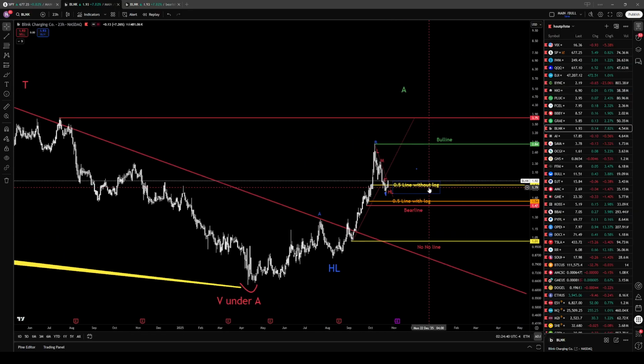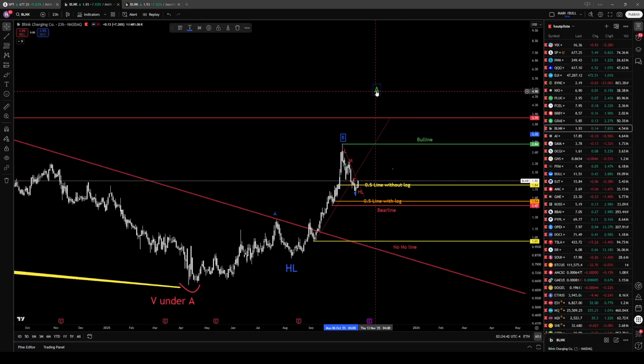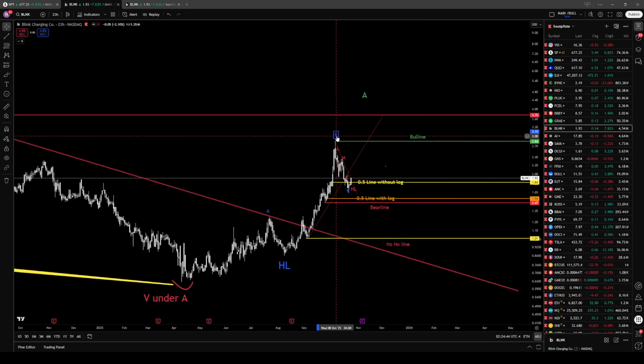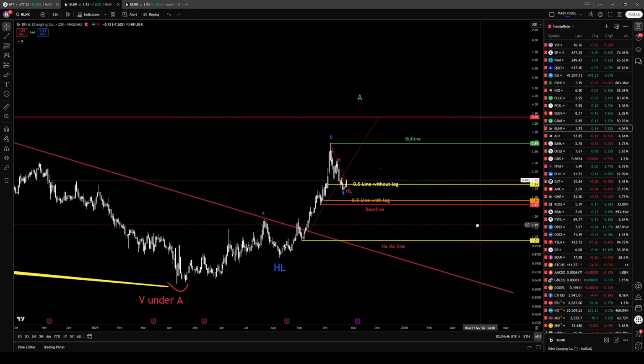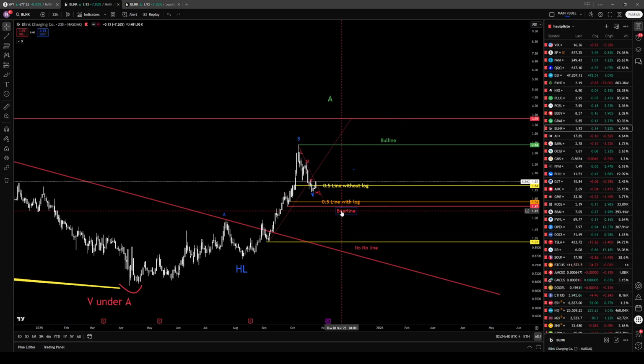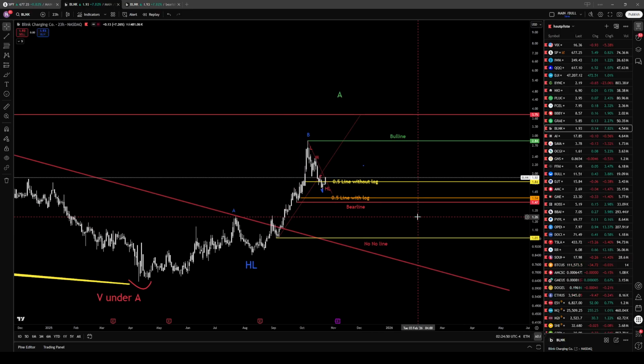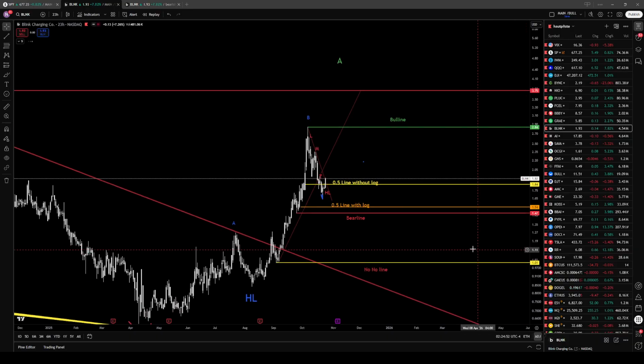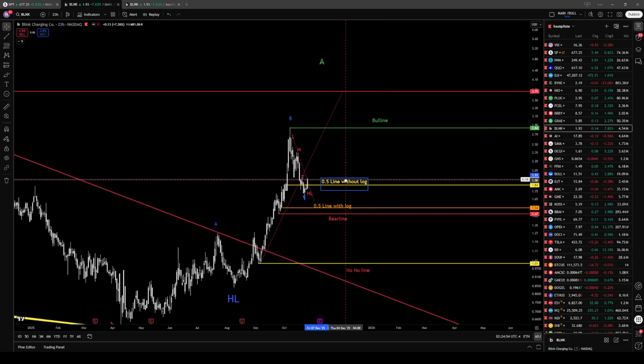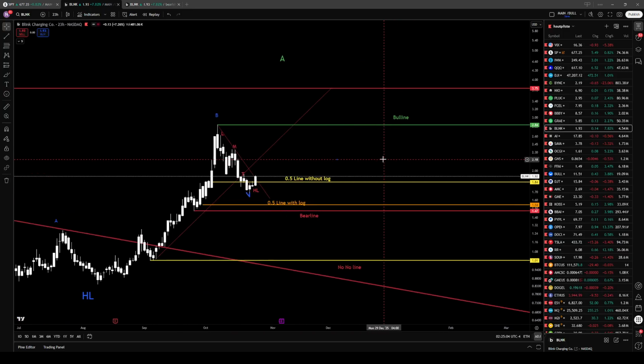So our last peak was our little B peak, and we would be in the B pullback. So again, two versions. The first one, we broke the 0.5 without lock, but we are still in range. And we would already be in the bounce right now.